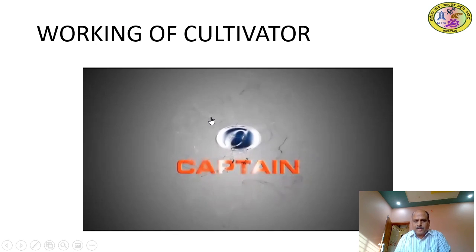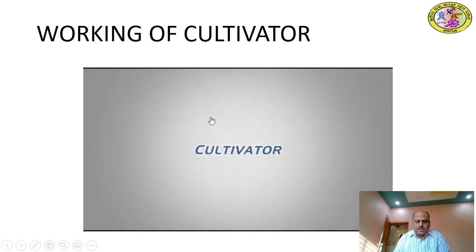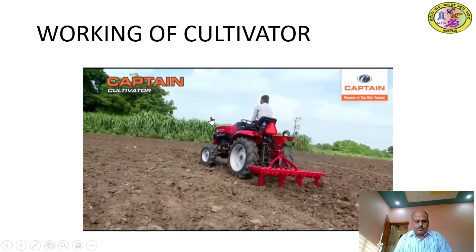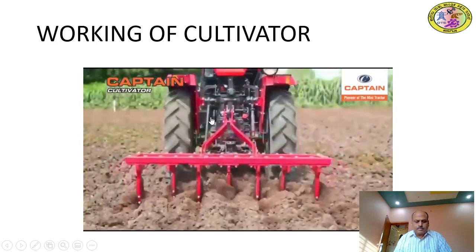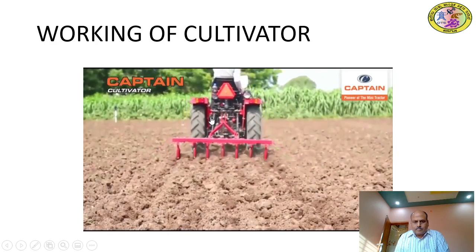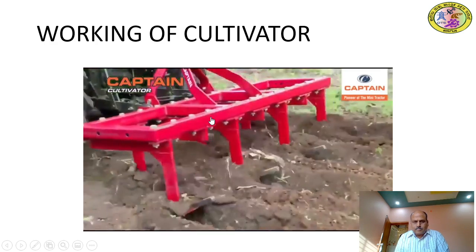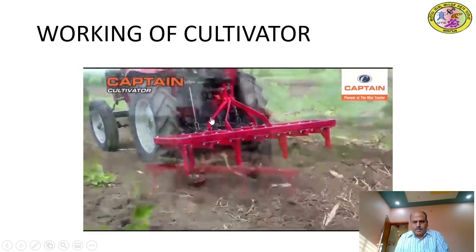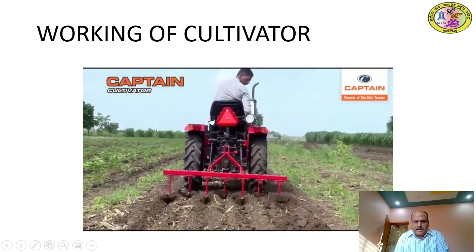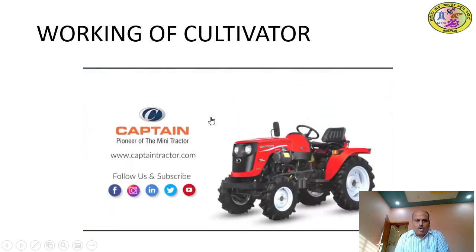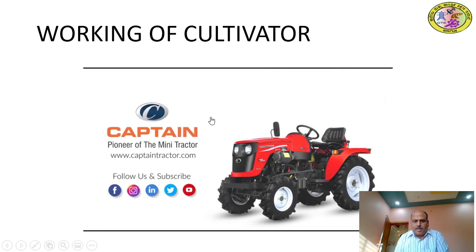This is the working of the cultivator. You can observe where it is connected. So the left and right arms are connected and the top link is connected there. So that is about the working of the cultivator. A demo is given.